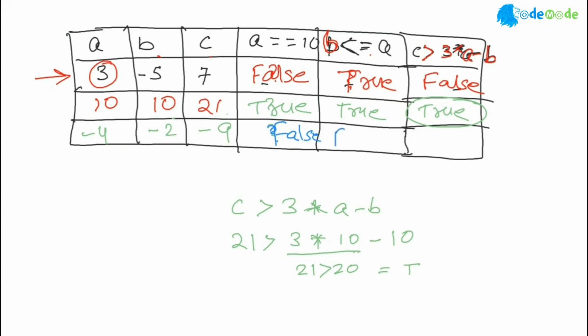And how about the third one? That would be false. Or wait, it's equal. Wait, no. So that would be true. Correct. Perfect. Right. So you guys understand how, for given values of A, B, and C, you will evaluate a condition to be true or false.